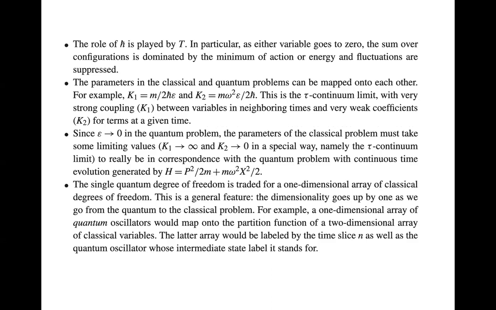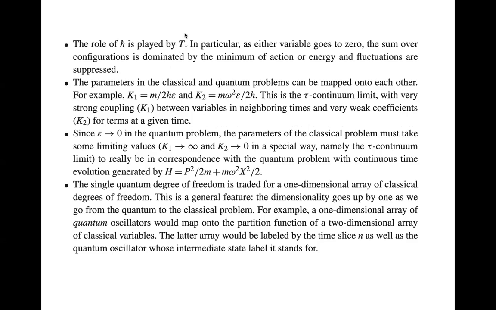So in quantum mechanics, the role of h bar is played by the temperature. What does that mean? When h bar is a small number, and T is the temperature, there is a correspondence of h bar and T. In the classical expansion, one expands around the classical path and treats fluctuations around it.